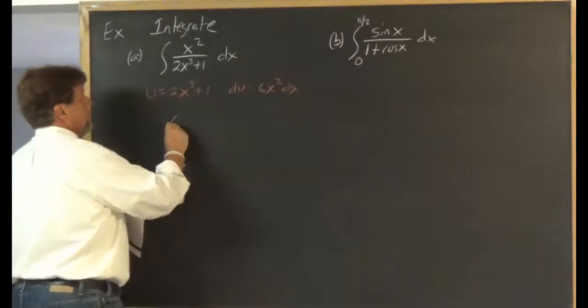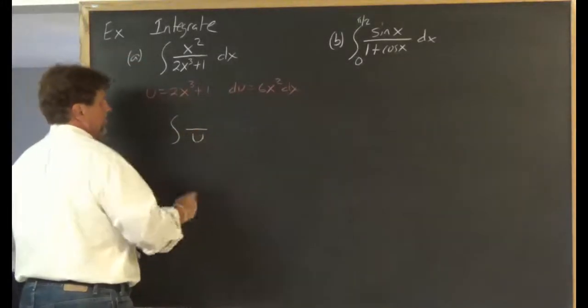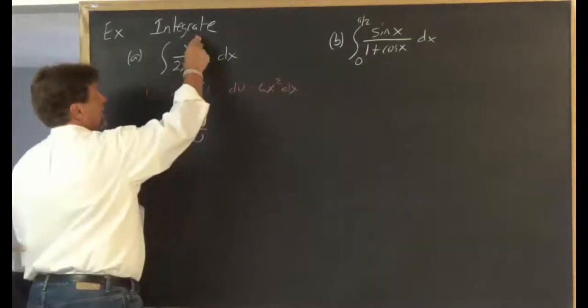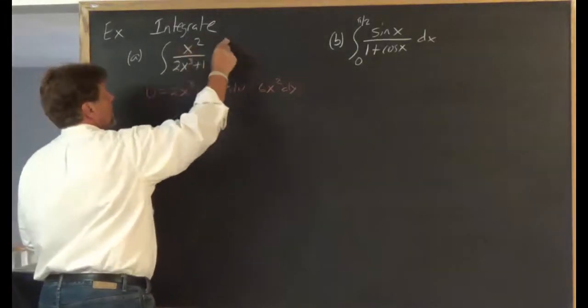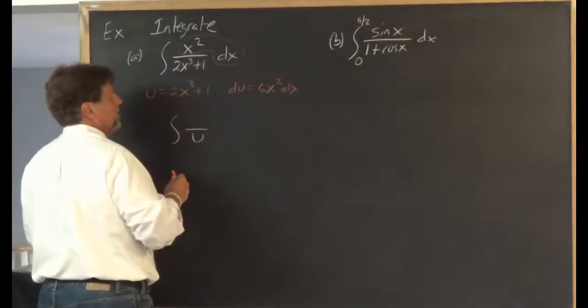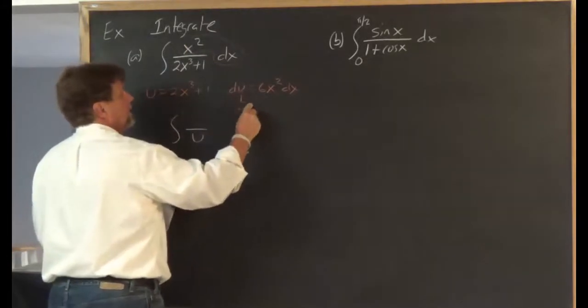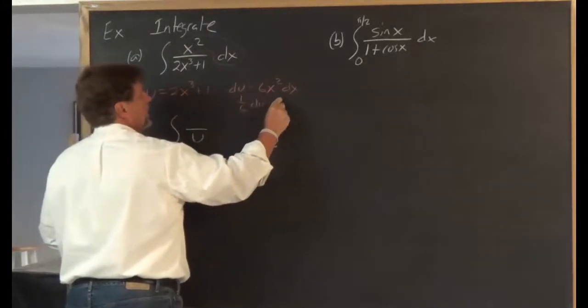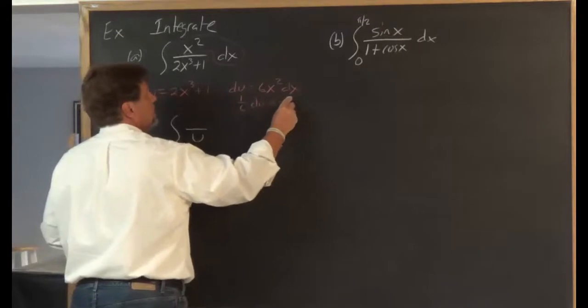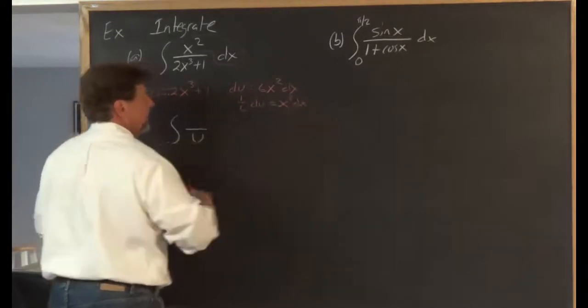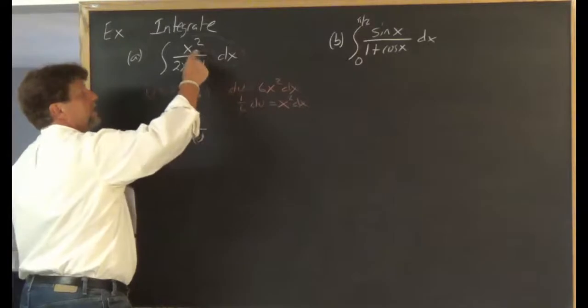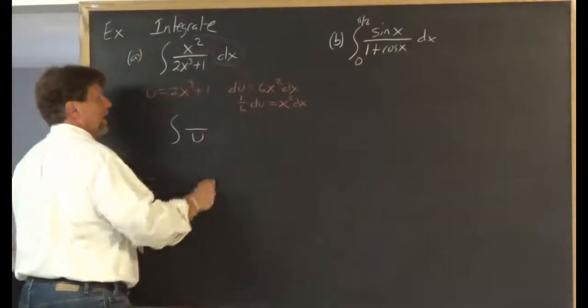So when I substitute in, my denominator's u, and then I still have this x squared dx to take care of. Well, 1/6 du equals x squared dx. So I substitute 1/6 du in for x squared dx.